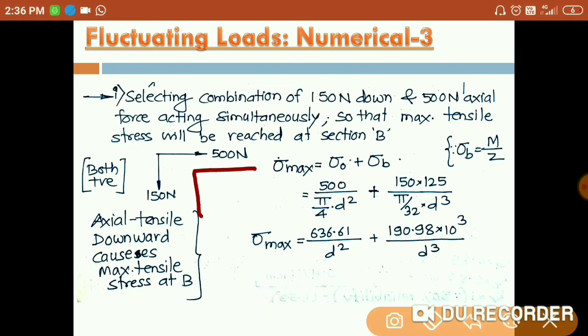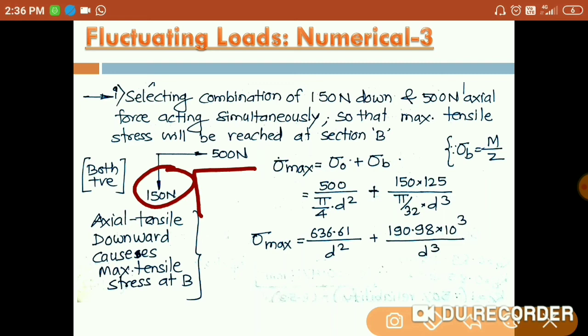So this is the way we can find out sigma max. Point B will be subjected to maximum stress because of the 500 Newton axial load going away, which gives tensile stress, and the 150 Newton downward, which is also going to make it undergo tensile stress. So this is the first combination which gives us maximum stress.